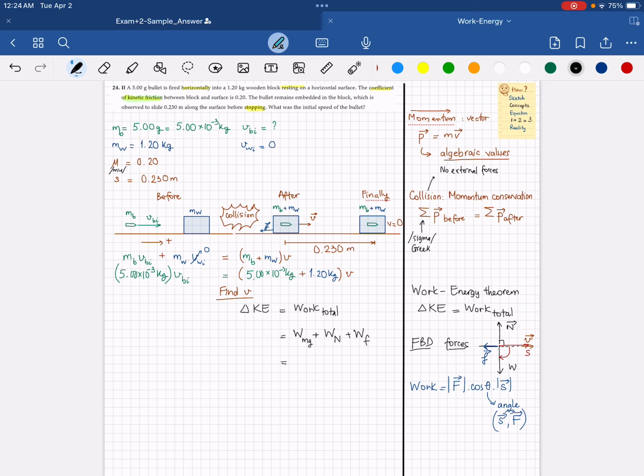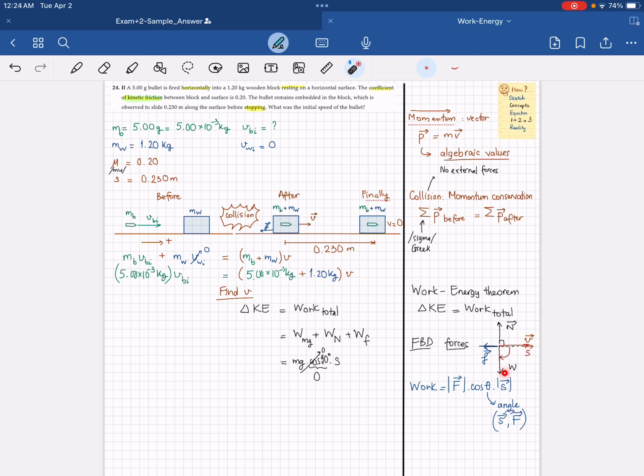So the work by the weight is mg times cosine of 90 degrees times displacement s. But there's something special about this one, because cosine of 90 is just 0, so the whole thing goes to 0. It means that the weight does not do any work on the system when it travels horizontally, because it doesn't help or go against the motion.